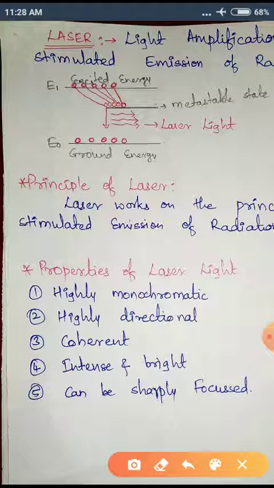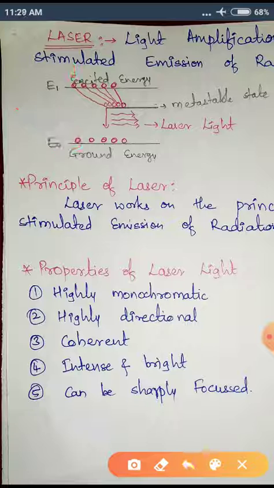Whenever normal light is incident on any metal, the electrons in the ground energy state go to the excited energy state. The light incident here is normal light.